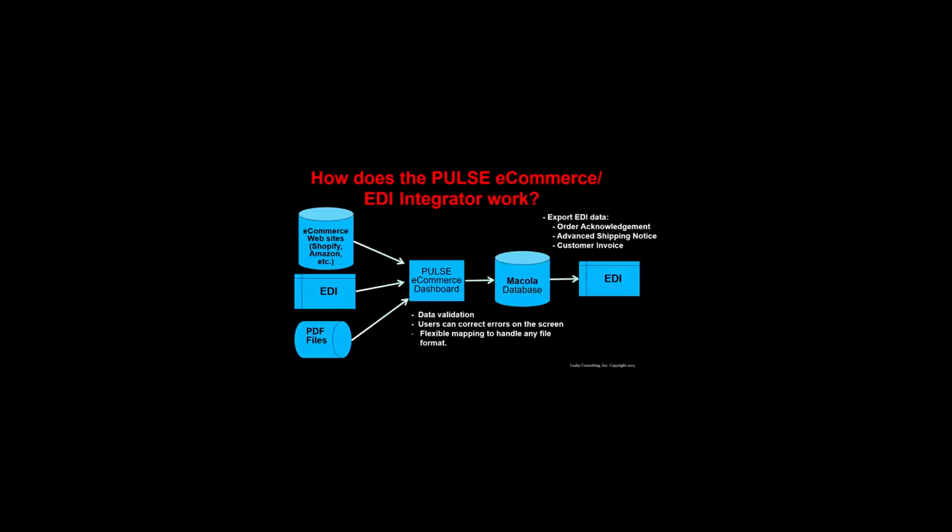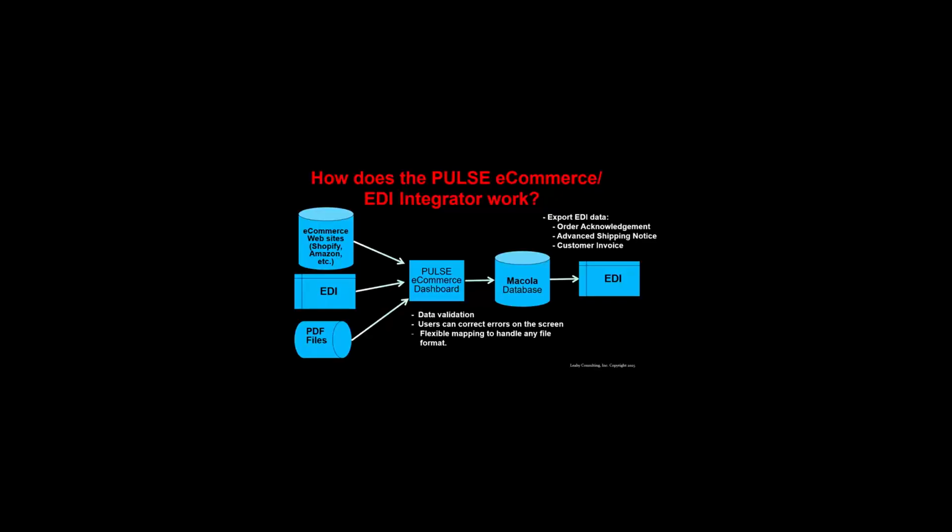This is a chart that I wanted to start with to explain what we're doing. On the left side, you can see the sources of orders that are coming in: e-commerce websites, Shopify, Amazon, etc., coming in through EDI, coming in through PDF files. Since we are in the dashboard business, we don't just shove data into Macola without allowing you to take a look at it.